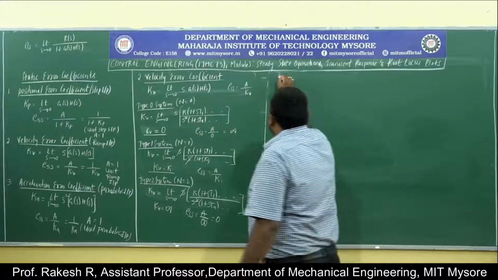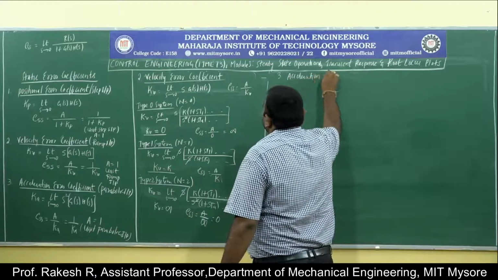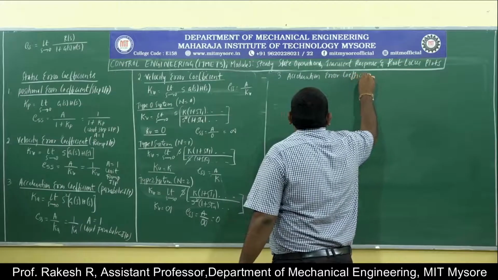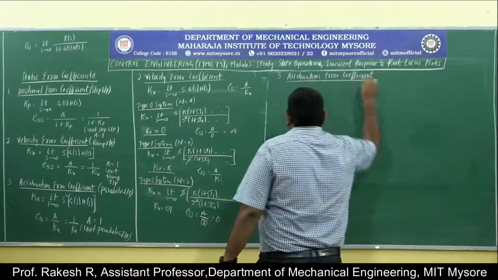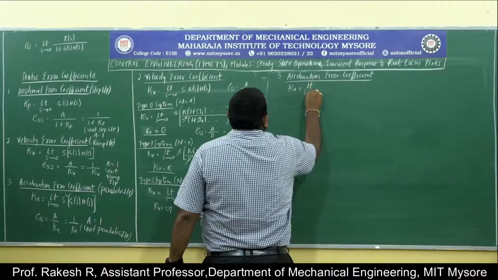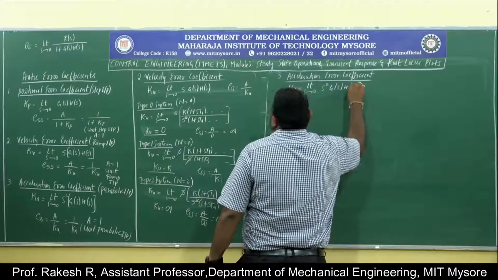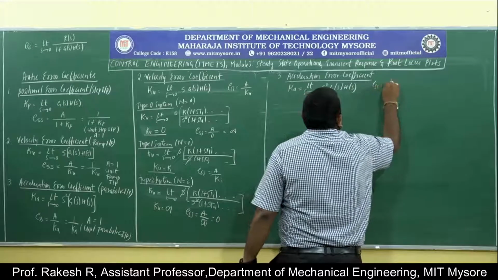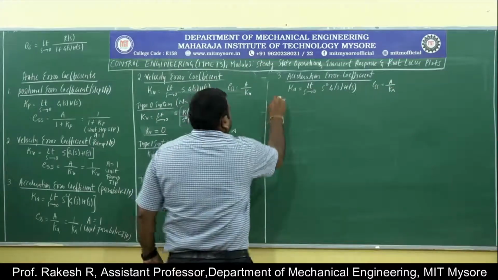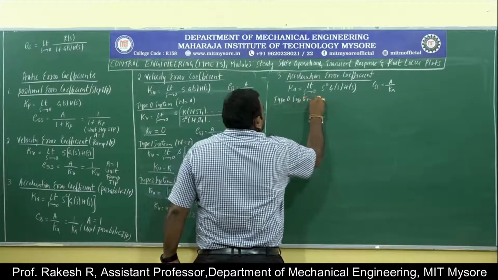Next, number 3, acceleration error coefficient. In acceleration error coefficient, Ka will be equal to limit of s tends to 0, s square into G(s) into H(s), but steady state error will be A divided by Ka. Again, for type 0 system, n is equal to 0.